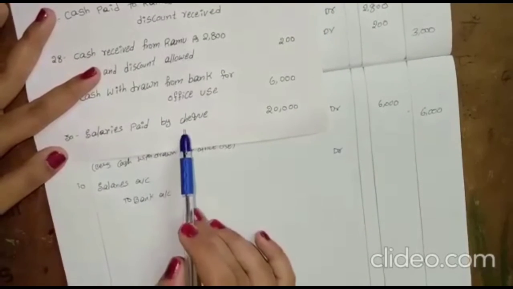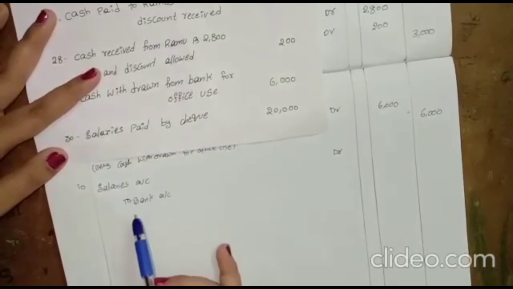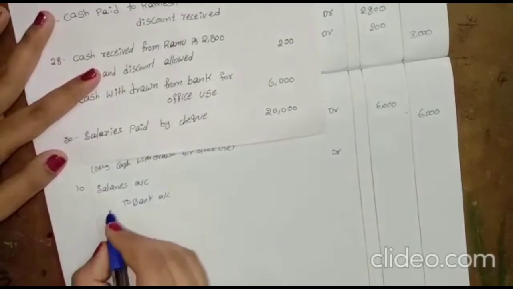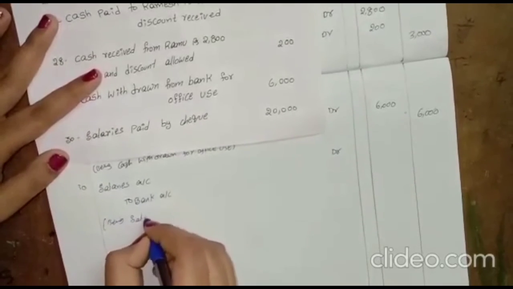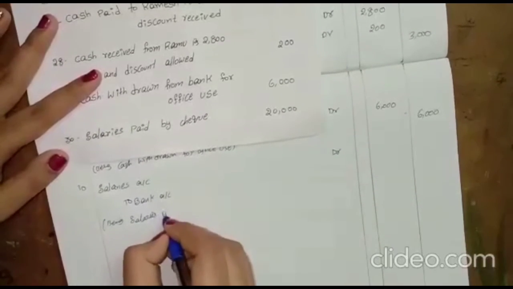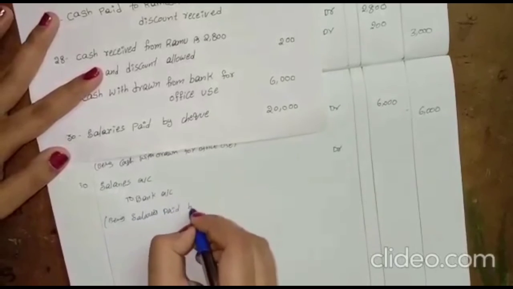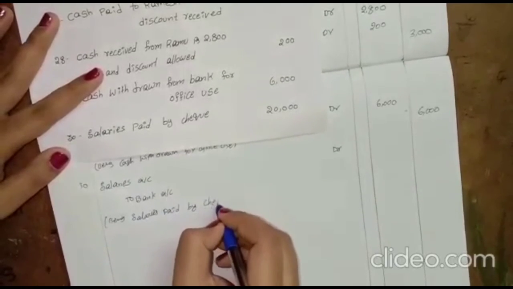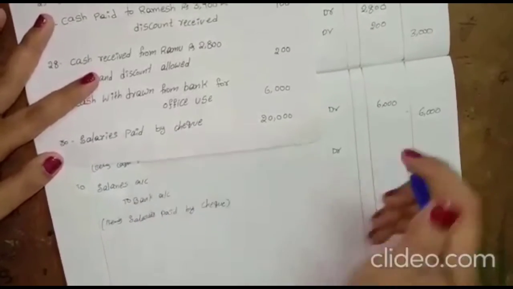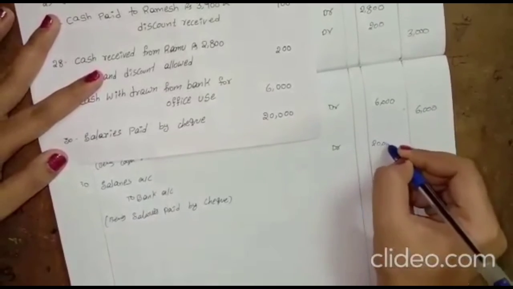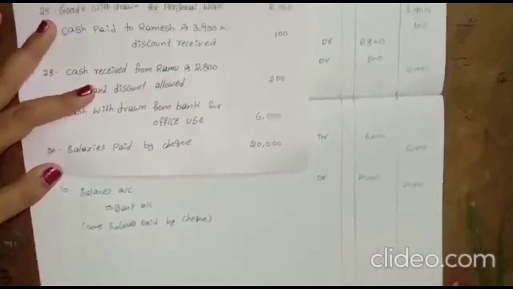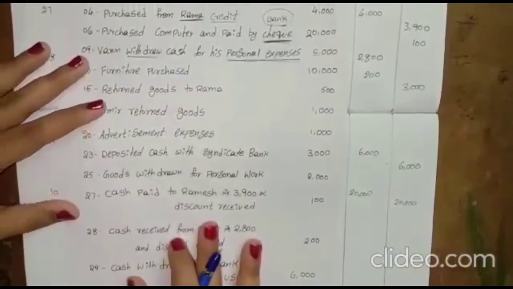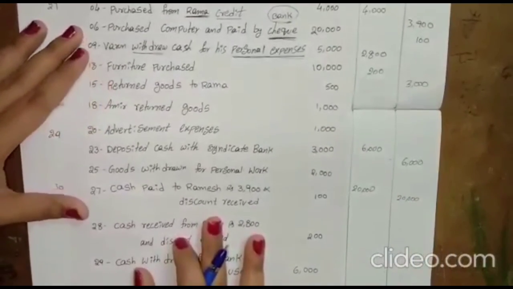It is given by check, so it will be a bank account. The narration is being salaries paid by check. The amount is 20,000. These are the transactions of Mr. Varun in the month of April 2014.